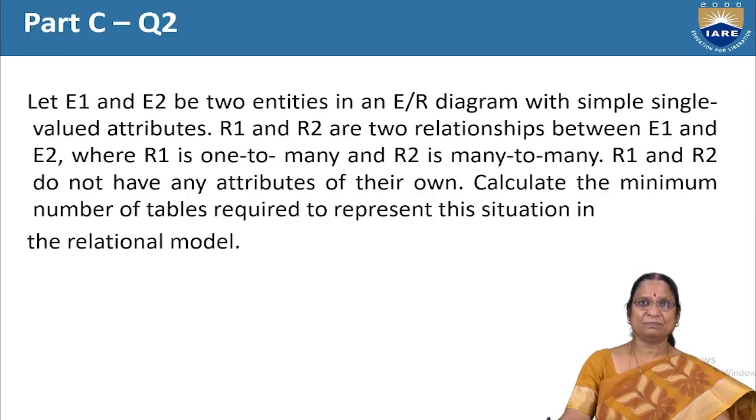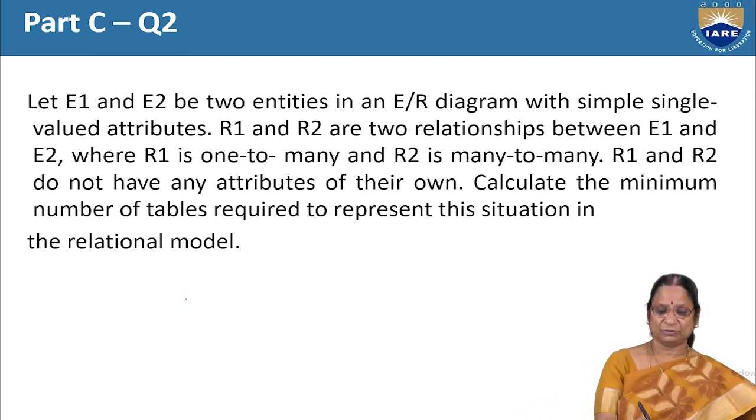And question 2 of part C seems to be a big question, but very simple logic is there. What is the question here? Let E1 and E2 be two entity sets in an ER diagram with simple single valued attributes. R1 and R2 are relationships. That means E1 is one entity set, E2 is another entity set.